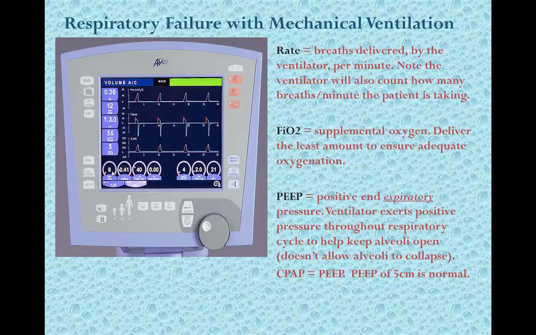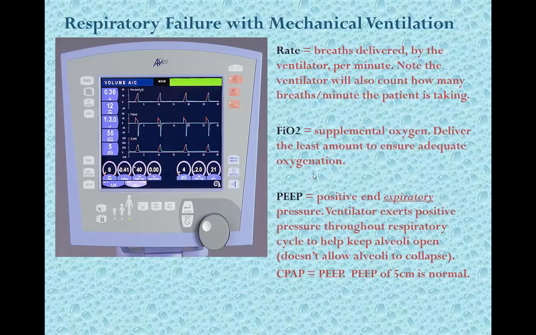The ventilator is delivering 8 breaths, and the patient is actually taking a total of 12 breaths, which means 12 minus 8, there are 4 breaths that the patient is taking on their own. If the ventilator is delivering 8 and the total number of breaths is 12, the patient is participating and taking 4 breaths of their own.